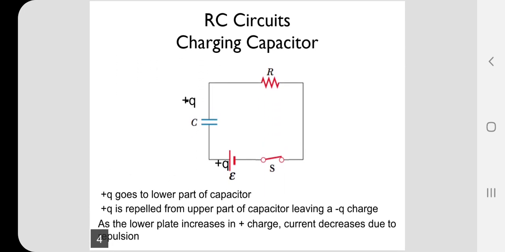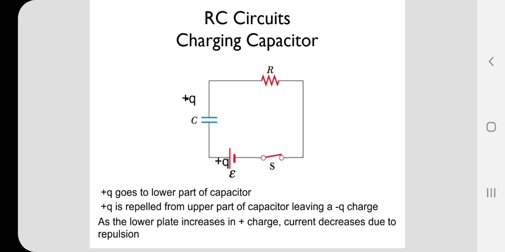In the RC circuit charging capacitor, plus Q goes to the lower part of the capacitor, and plus Q is repelled from the upper part of the capacitor, leaving a minus Q charge. As the lower plate increases in positive charge, the current decreases due to the repulsion.